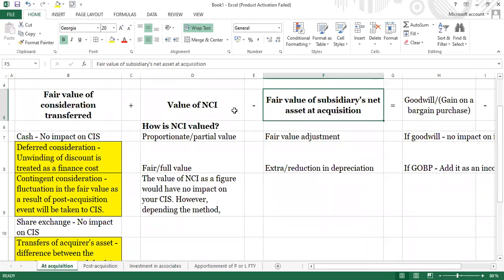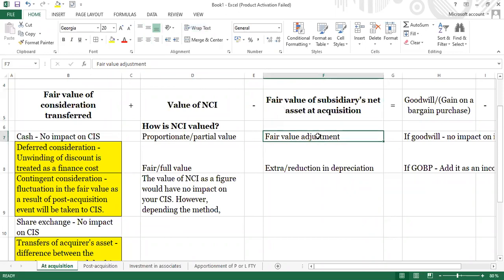Yeah, thank you, Mr. James. So the next ingredient is fair value of subsidiary's net assets at acquisition. How then does that one affect your consolidated income statement?